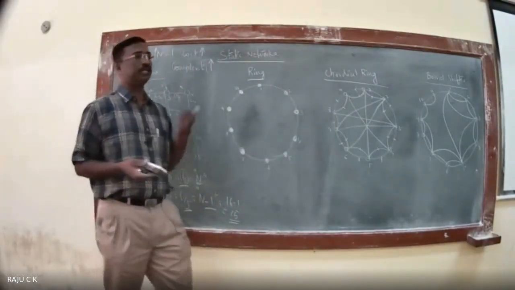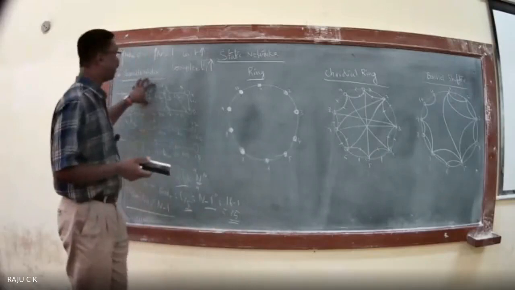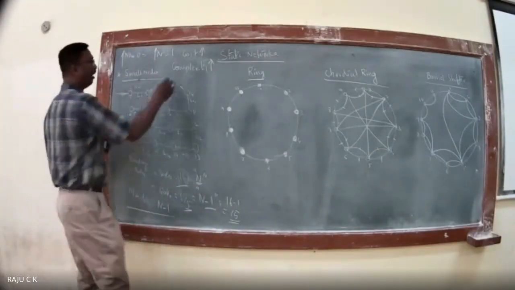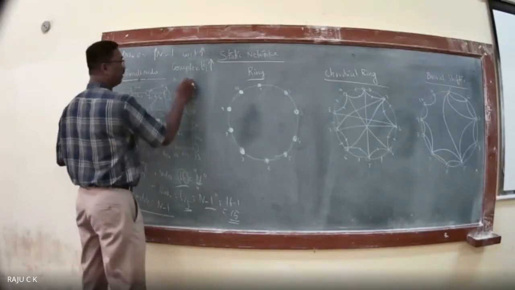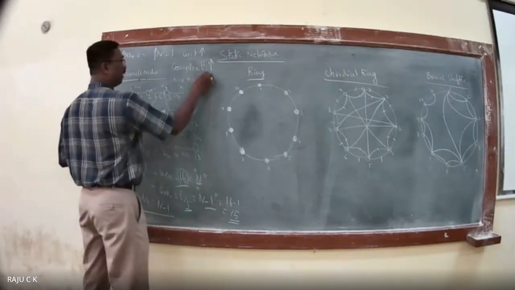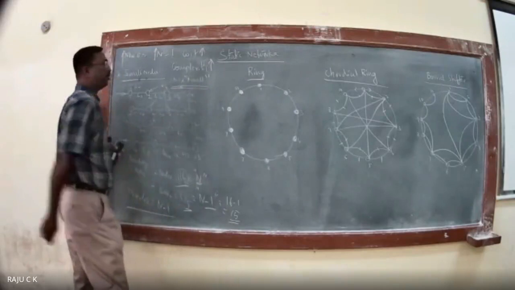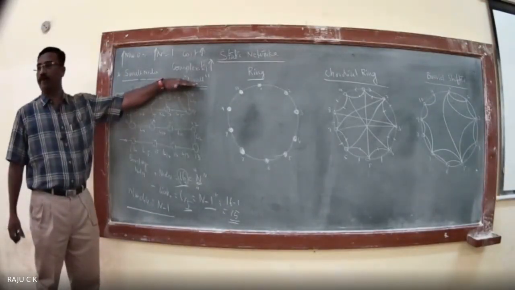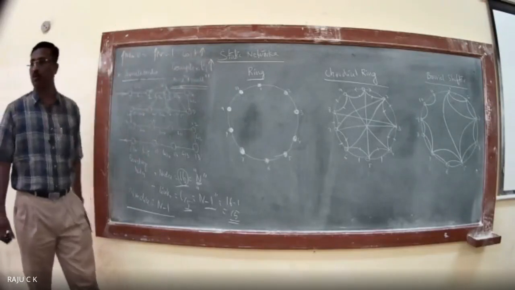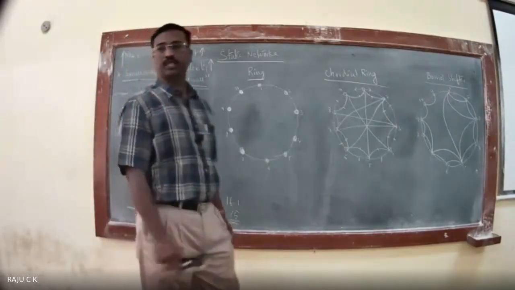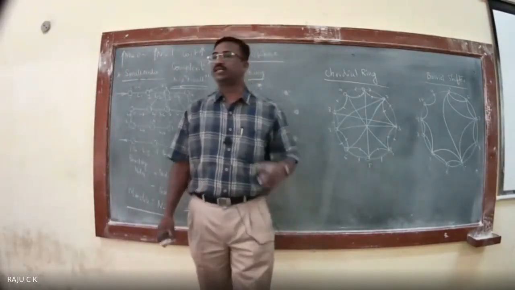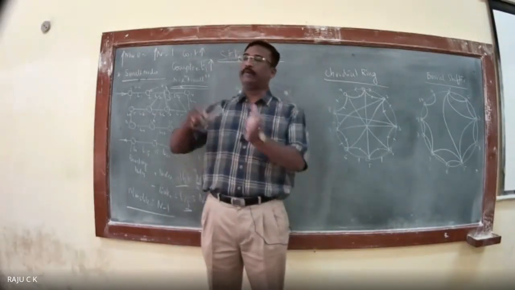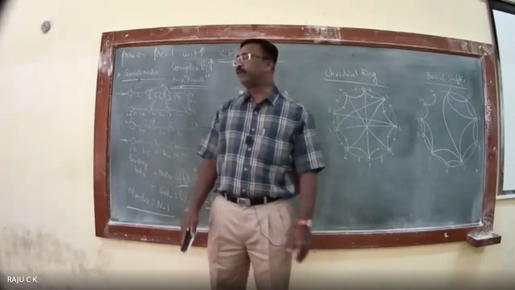Where n is small, I can go for this type. I can easily implement the array where n is a very small number of nodes. When n is too large, we can't adopt this network because the cost increases and the complexity will be high, since the network diameter depends on the number of nodes.